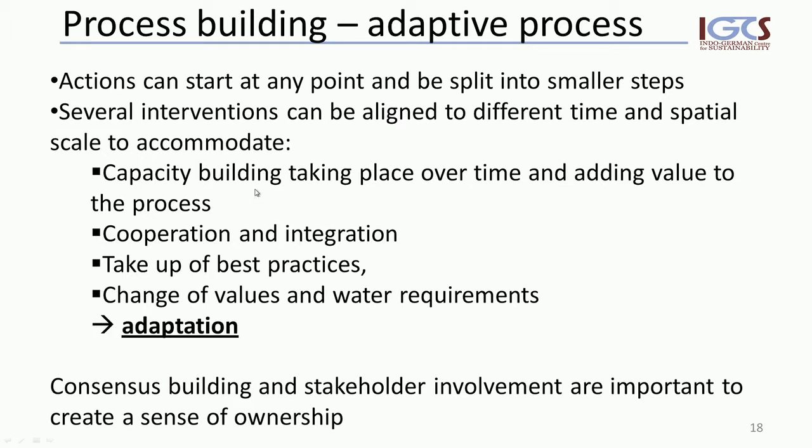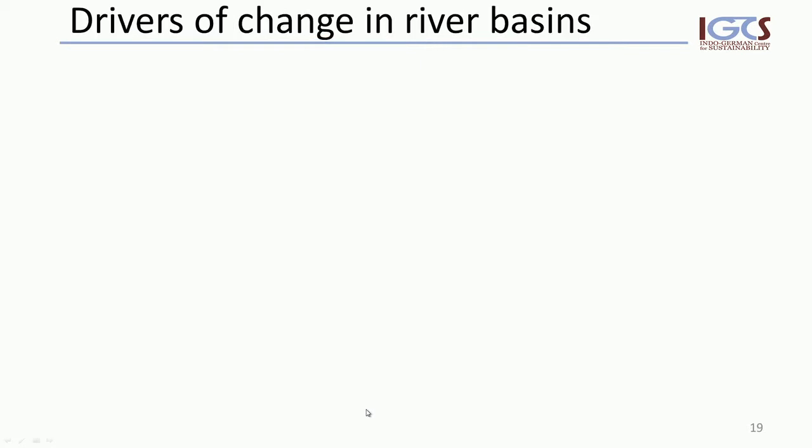Training courses are taking place at large scale. New low-cost technologies are made available, and people are trained again. And still it's not taken up, because it's not perceived as a part of the process of achieving sustainability in this river basin. So that is very important and should be at the forefront.